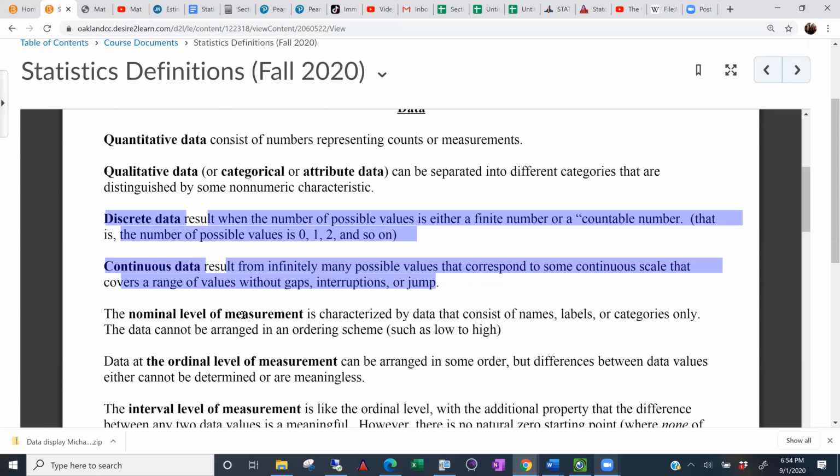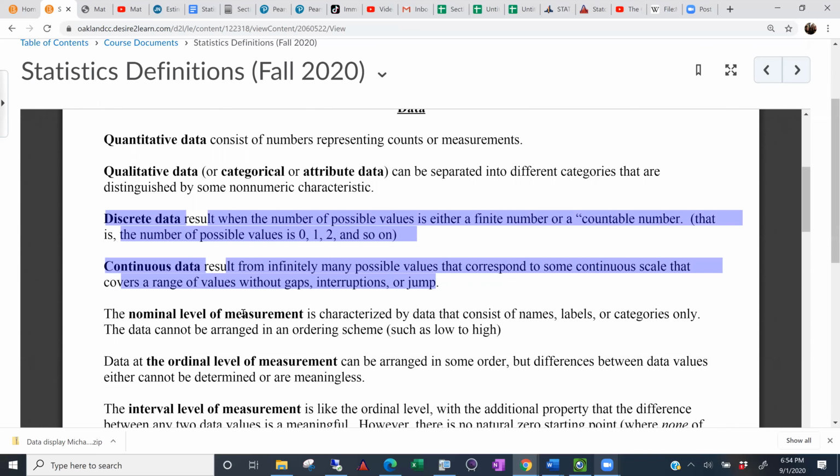Continuous data can be anything in an interval, so it could be any fraction at all. When you're talking about height, weight, blood pressure, things like that, that can be anything in some range, that's continuous data. So let's quickly do a few examples.